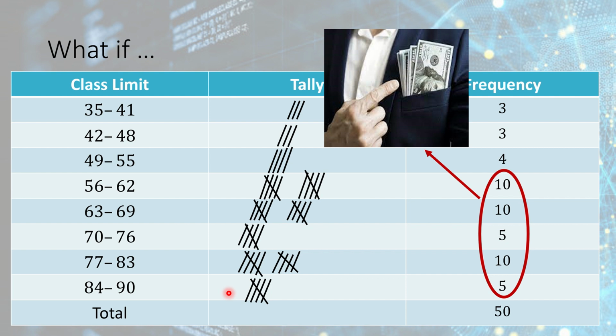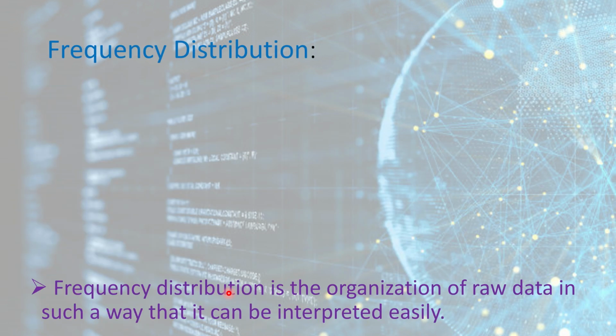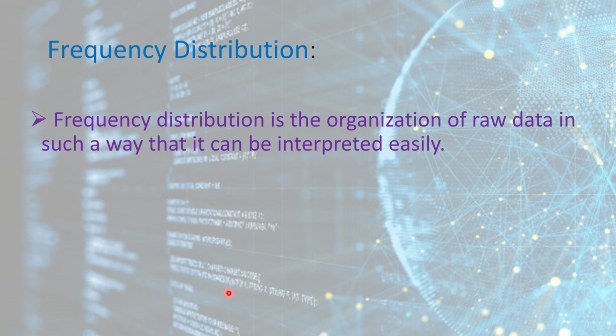If you write that data in tabular form, it is known as frequency distribution. Frequency distribution is used for organizing raw data obtained from scratch in such a way that it can be interpreted easily. You can draw some conclusion from that data in a proper way.